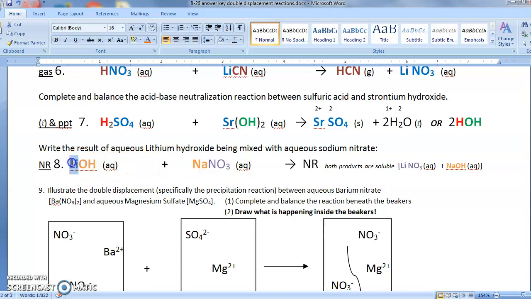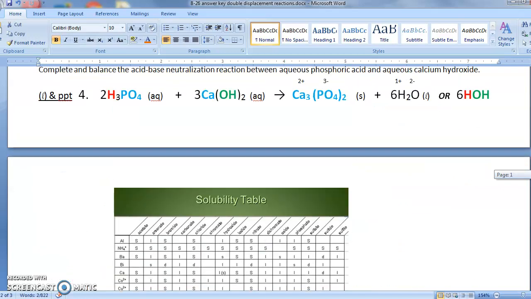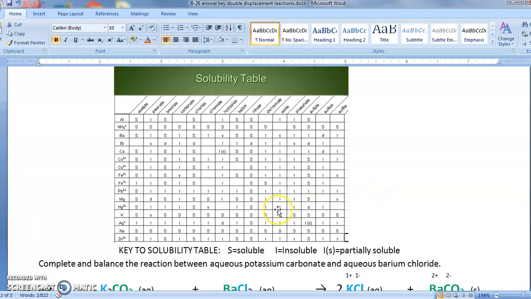The first thing from the first compound joins with the second thing from the second compound. So when they bump into each other in solution, we have LiNO3, lithium nitrate. Lithium nitrate is soluble in water.